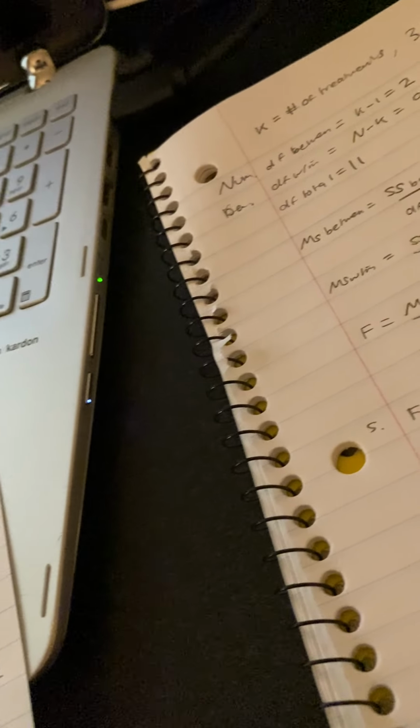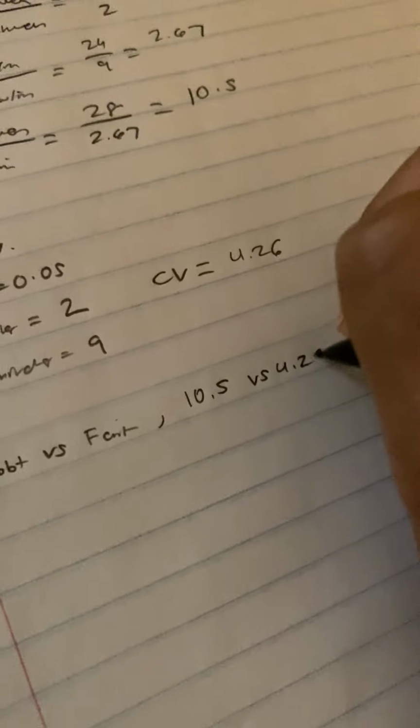So now we move to comparing. Step 6, we compare F obtained versus F crit, and that's going to be 10.5 versus 4.26. Take a look at that.